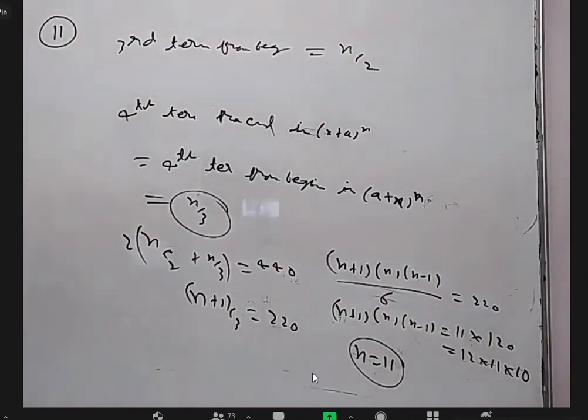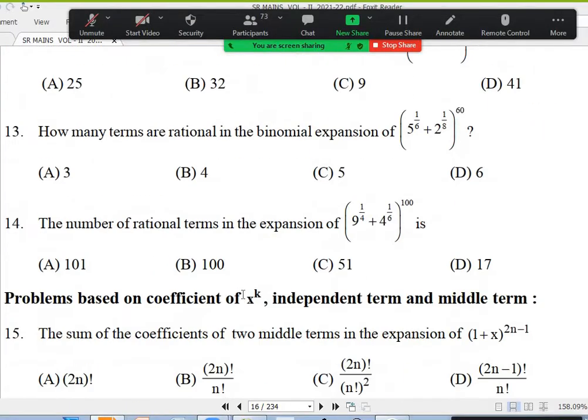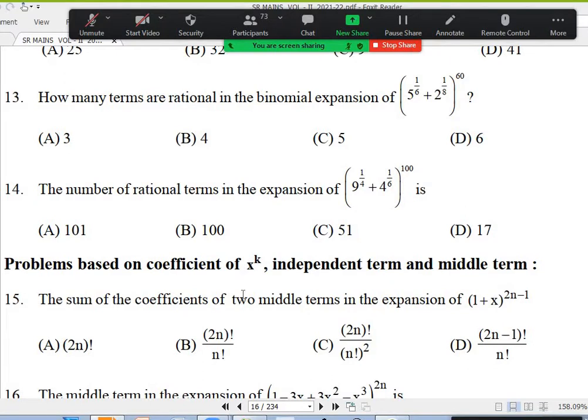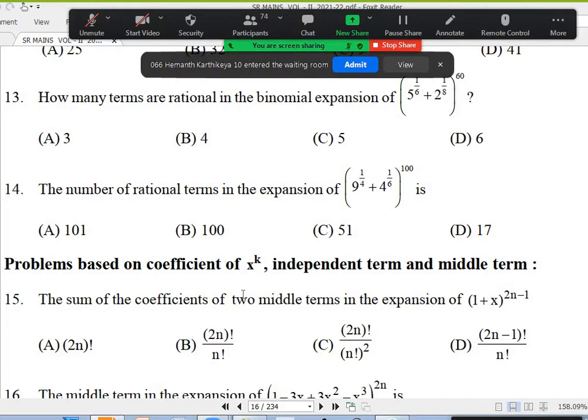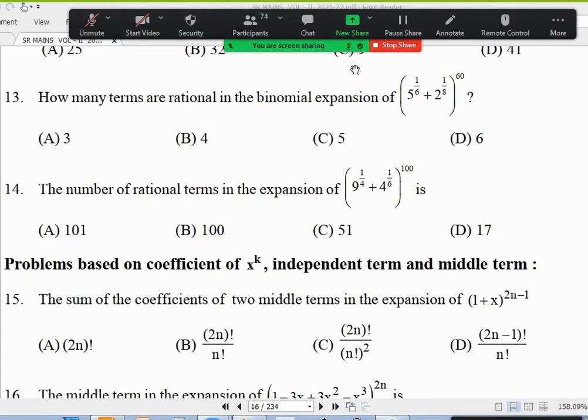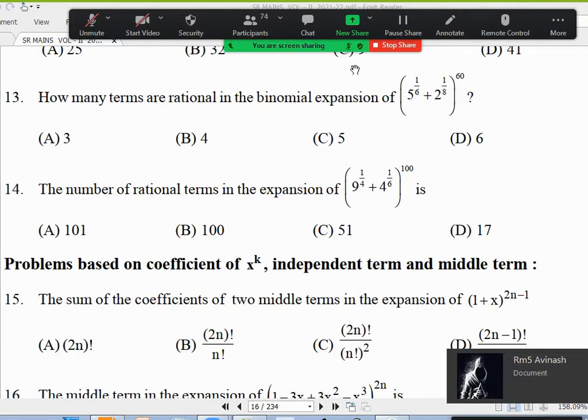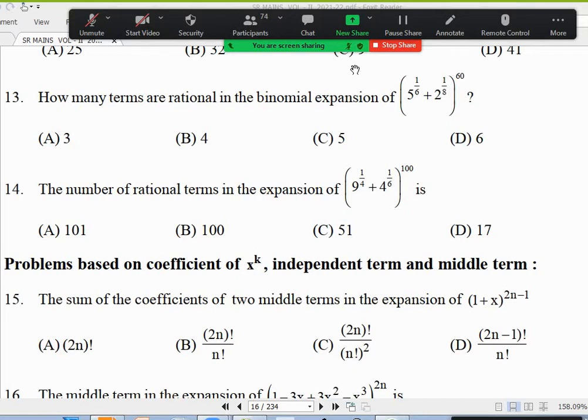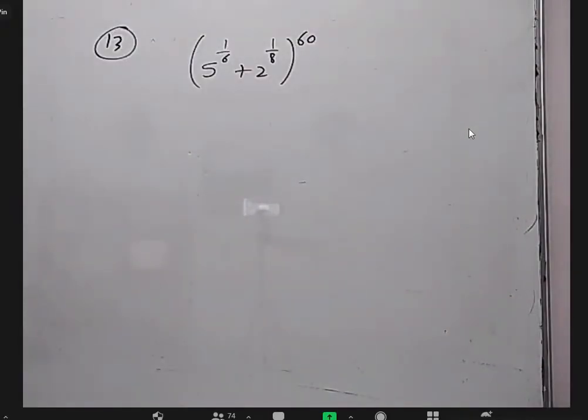Answer is also 11. Okay, 13. Okay, 13th question: (5^(1/6) + 2^(1/8))^60.